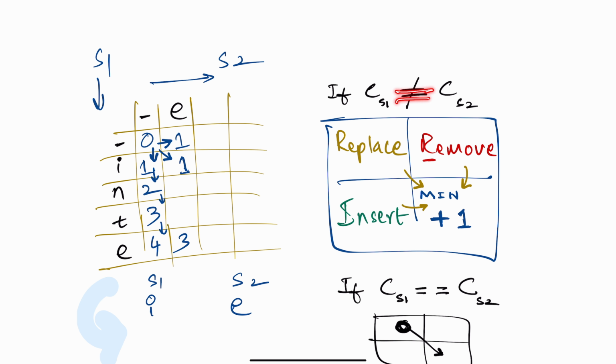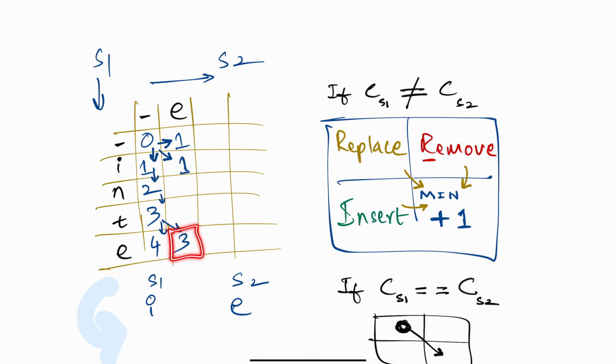If in case C1 is not matching, if C1 is matching with C2 here, I will just copy the same thing, because it is matching, so I will move with it as it is. So in order to convert INTE into E, how many operations do we require? 3 operations.